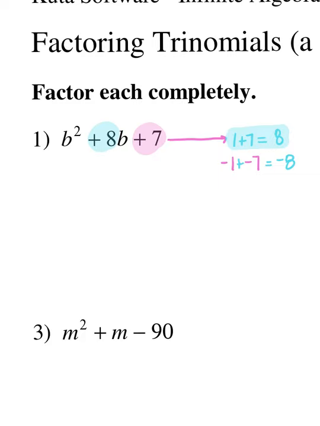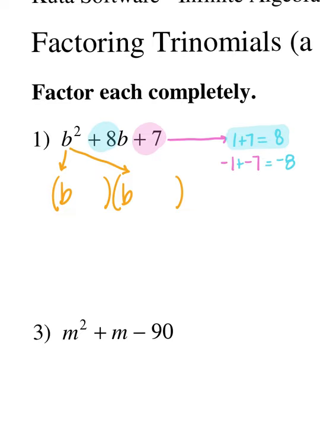So now I'm going to set up two sets of parentheses. This is how my answer is going to be in parentheses. I'm going to take this B and put one here and one here every single time. You split the first variable every time.